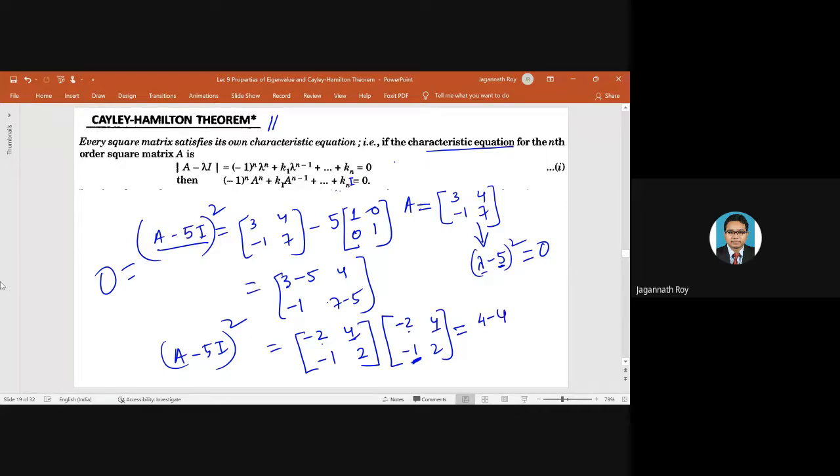Then minus 2 times 4 is minus 8, plus 4 times 2 is plus 8. Then minus 1 times minus 2 is 2, plus 2 times minus 1 is minus 2. Again 4 times minus 1 is minus 4, and 2 times 2 is plus 4. So you will get 0, 0, 0, 0. So this Cayley-Hamilton theorem is verified for this particular example.